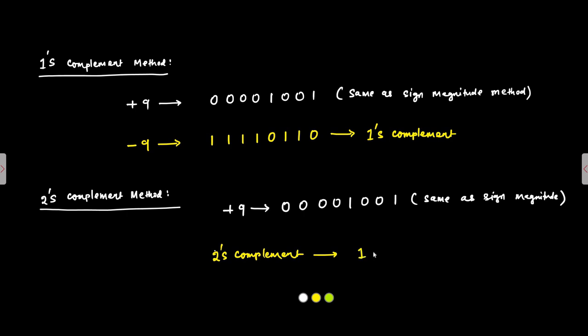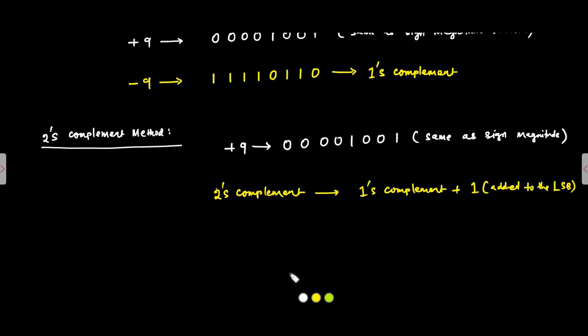2s complement is the 1s complement representation with 1 added to the LSB of the 1s complement representation. That is, first you will take the 1s complement representation, which is this one, 1, 1, 1, 1, 0, 1, 1, 0, and add a 1 to the LSB.